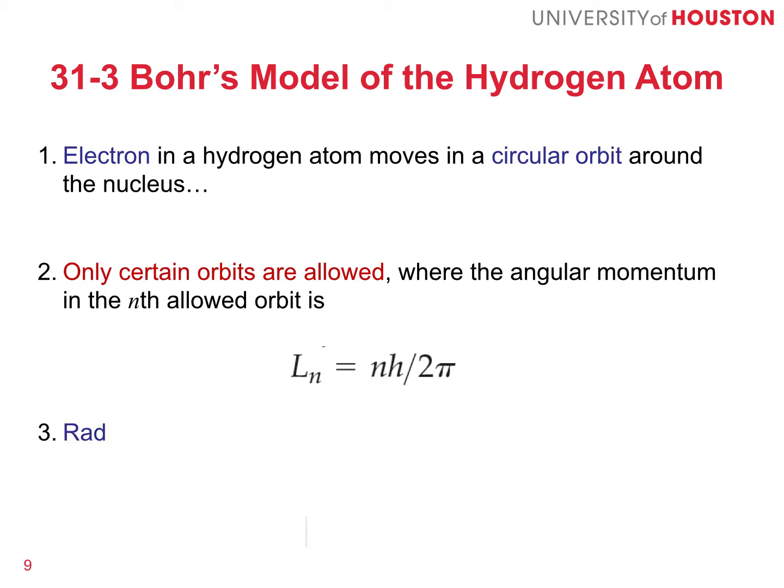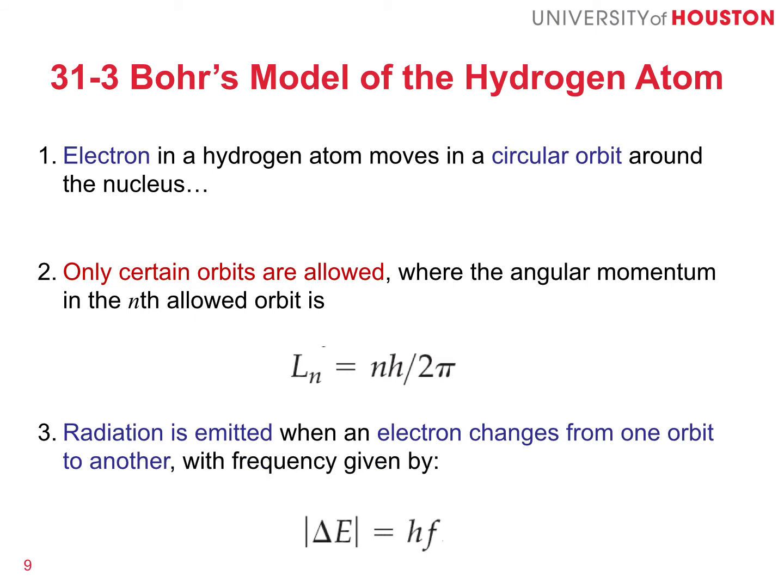The third assumption was that when radiation is emitted, this corresponds to an electron changing from one orbit to another, where the frequency can be determined by the changing energy, and the change in energy will equal hf.